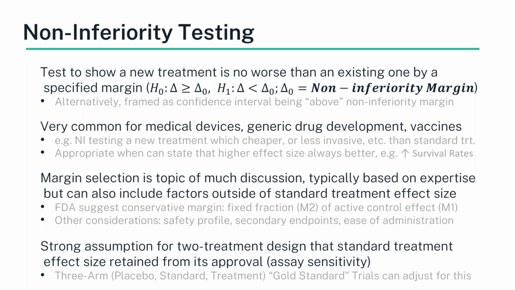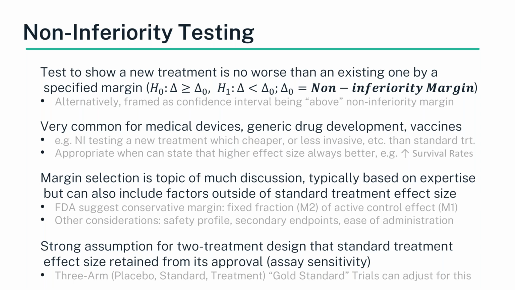So up to this point, we've spoken about testing against pre-specified margins, but we haven't mentioned yet how to select this margin. And this is a very important decision, and it is one that's the subject of much discussion. And unfortunately, there is no golden rule that says do this and you'll be okay.